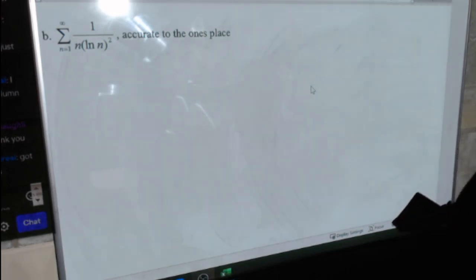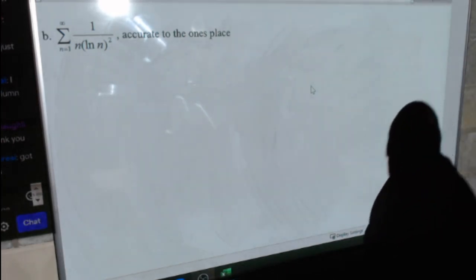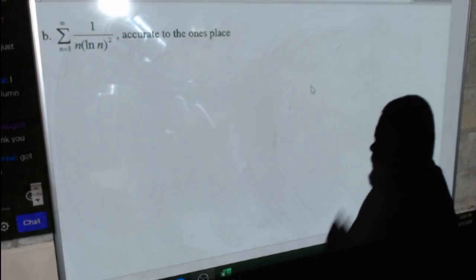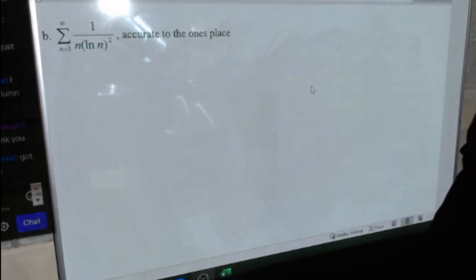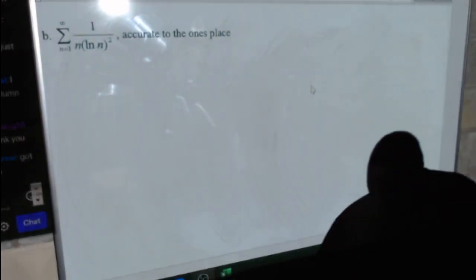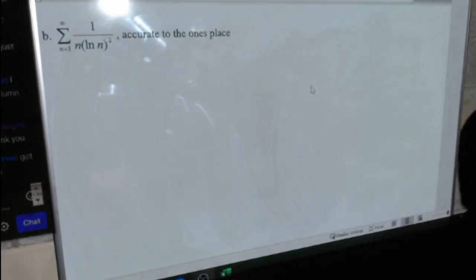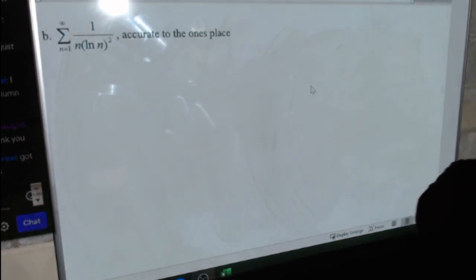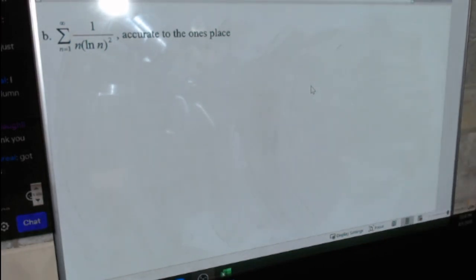This is not a p-series, geometric. It'd be kind of difficult, I think, maybe to do the decomposition to try and prove that it's telescoping, because we've got that log part. And the test for divergence is no good because it doesn't prove convergence.